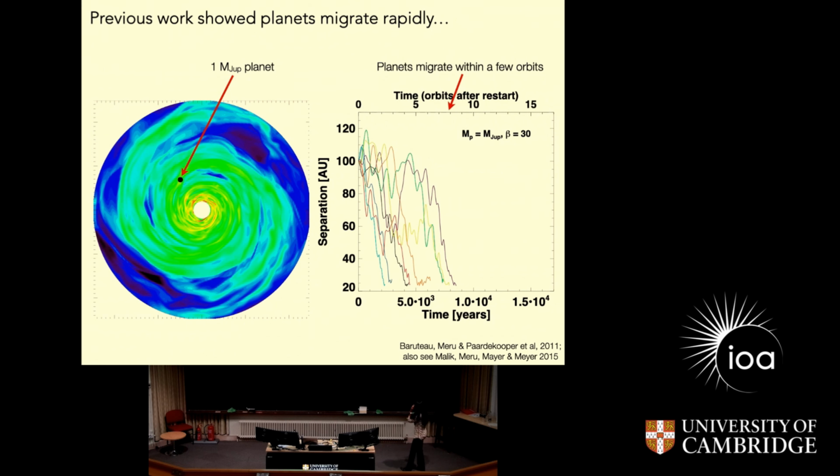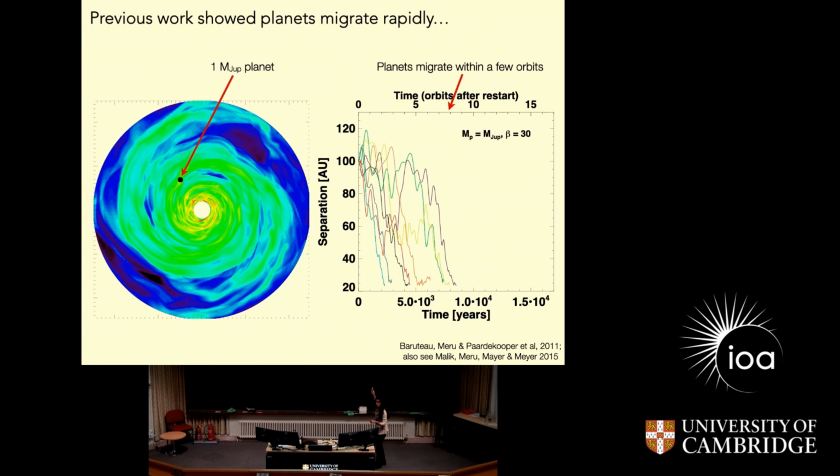Now, what we found, if we look at the right-hand side, is a plot of the separation, the distance between the planet and the central star, against time. Because these disks are so turbulent, there's a lot of stochasticity involved, so we repeated these simulations 8 times. We started off with a planet up here at 100 AU, at various different azimuths in 8 separate simulations.